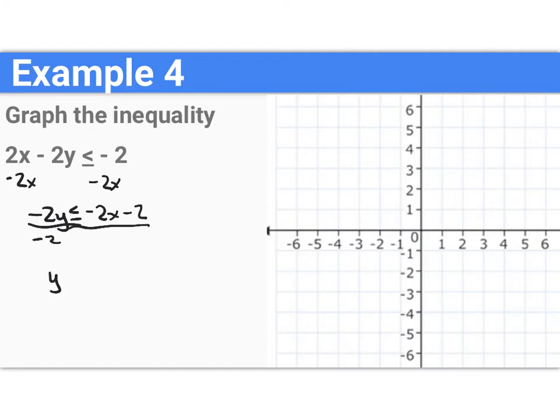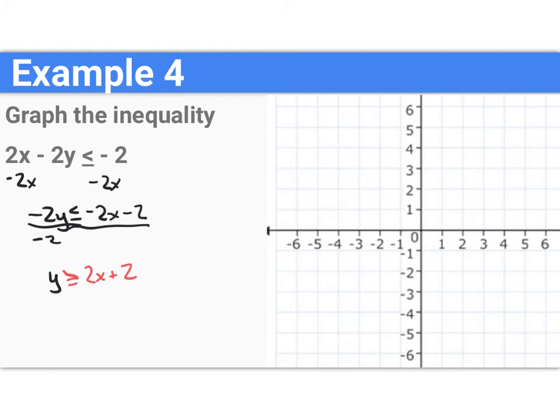So you get y, and again, this flips, is greater than 2x plus 2. The sign flips because we multiplied or divided by a negative. Whenever you multiply or divide an inequality by a negative, the sign flips.